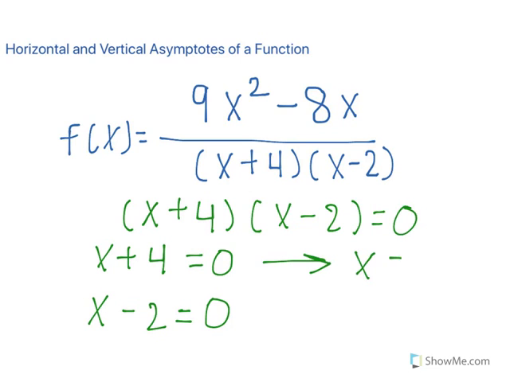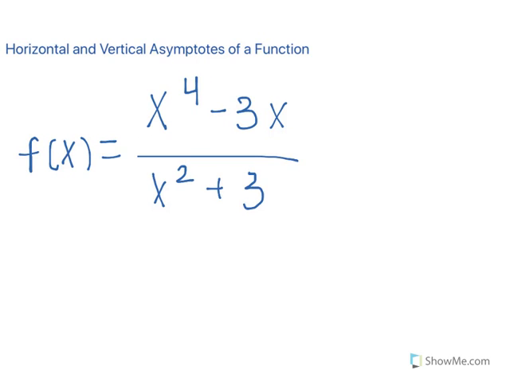We would then get x equals negative 4 because 4 minus 4 is 0, and x equals 2 because 2 minus 2 is 0. So our vertical asymptotes would be negative 4 and 2.